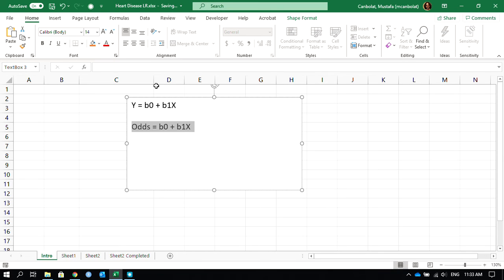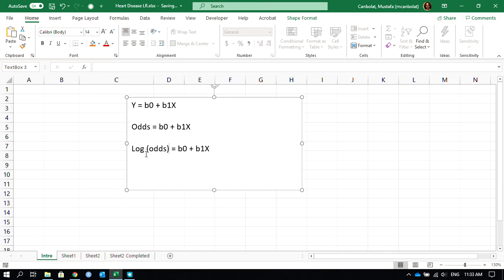So instead of using odds, what we could do is use the log of odds. And we know that the log of odds is unbounded, so there is no bound either. Technically they could go from negative infinity to positive infinity. And we could build that b0 plus b1x. In this case, having this log of odds, we could build this model.